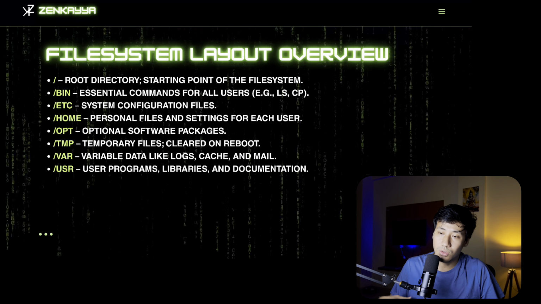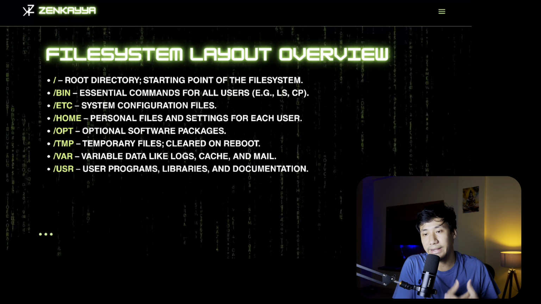All right, so the last slide is the layout overview. This is the overview. Slash is the root directory we saw. Next is bin, essential commands. etc is system configuration. home is personal use, optional. opt means optional software packages will be kept here. Temporary files will be kept in tmp.